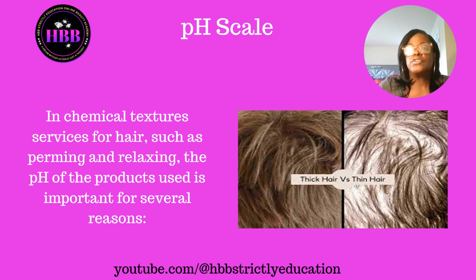All textures require different strengths of products. So fine hair will require a milder formula and a shorter processing time than somebody with coarse hair, who would require a longer processing time and a stronger product, more alkaline.